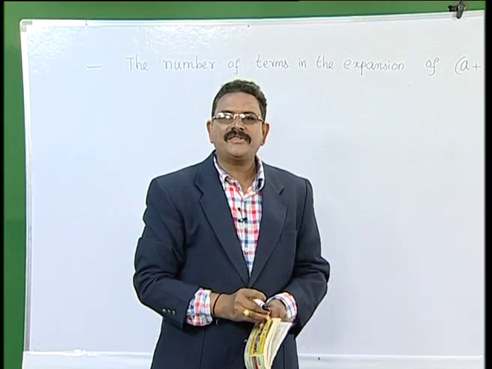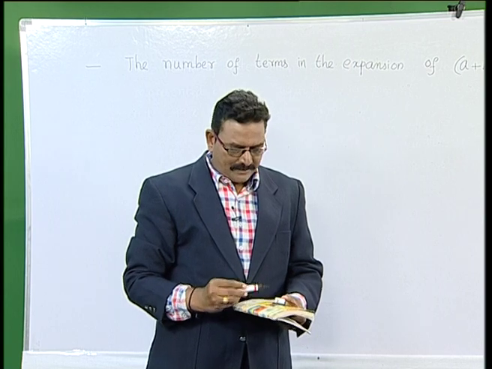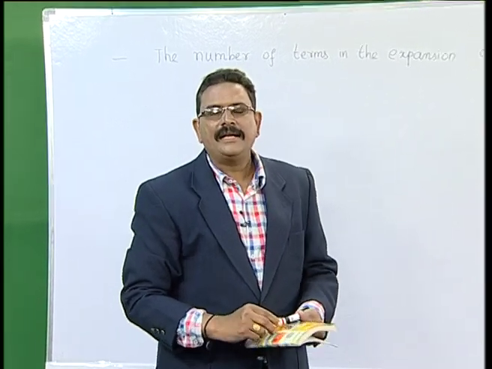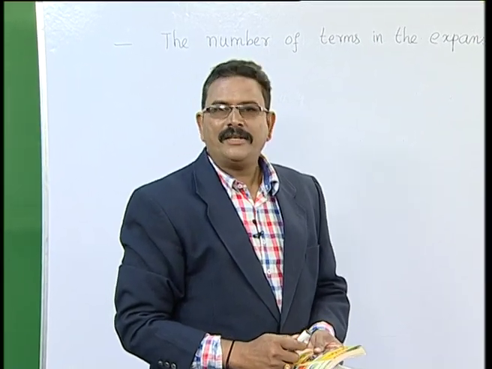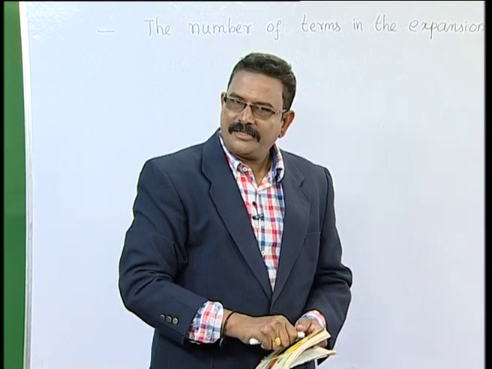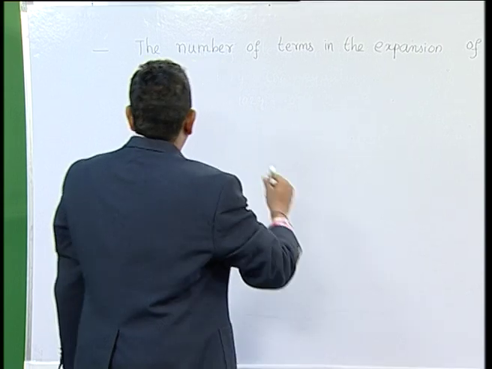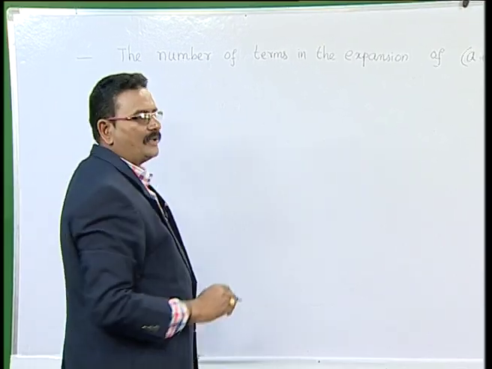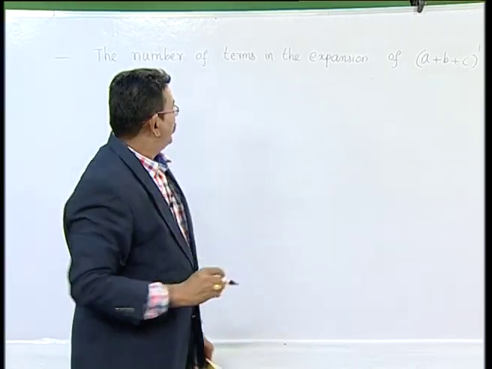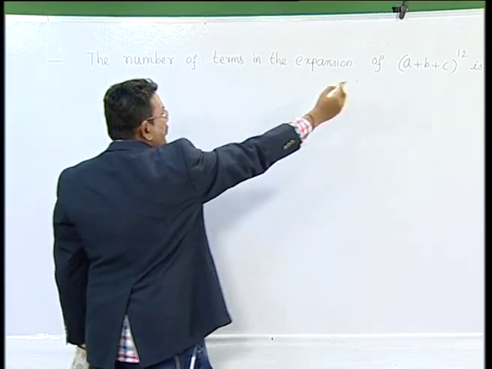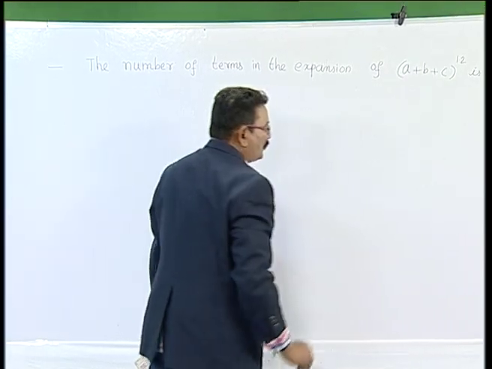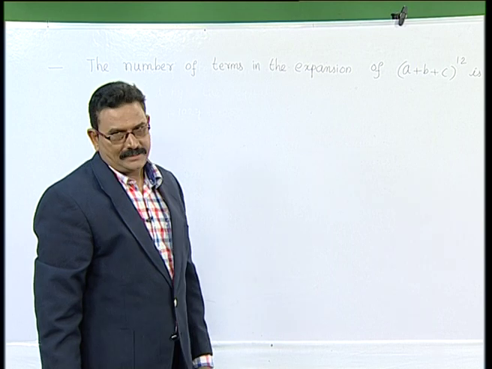If you read the problem, it is given from the binomial theorem chapter. The number of terms in the expansion of (a plus b plus c) to the power of 12 is asked here.